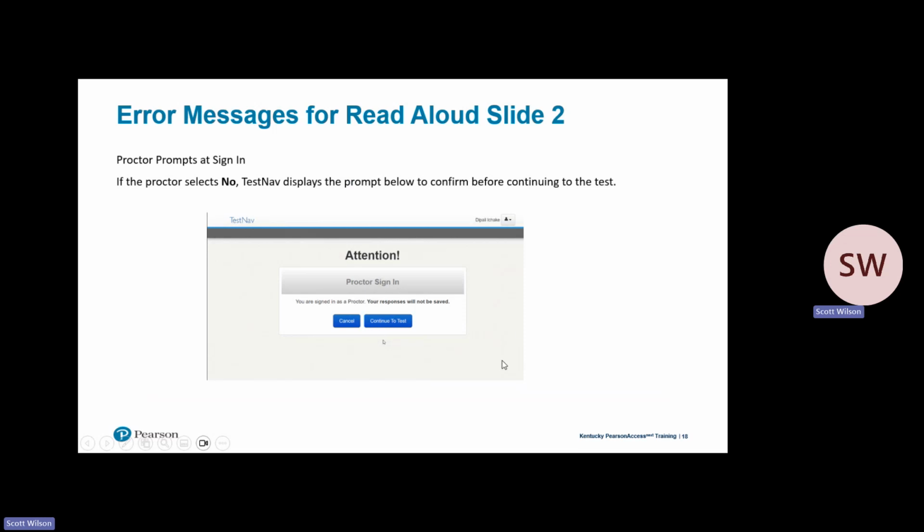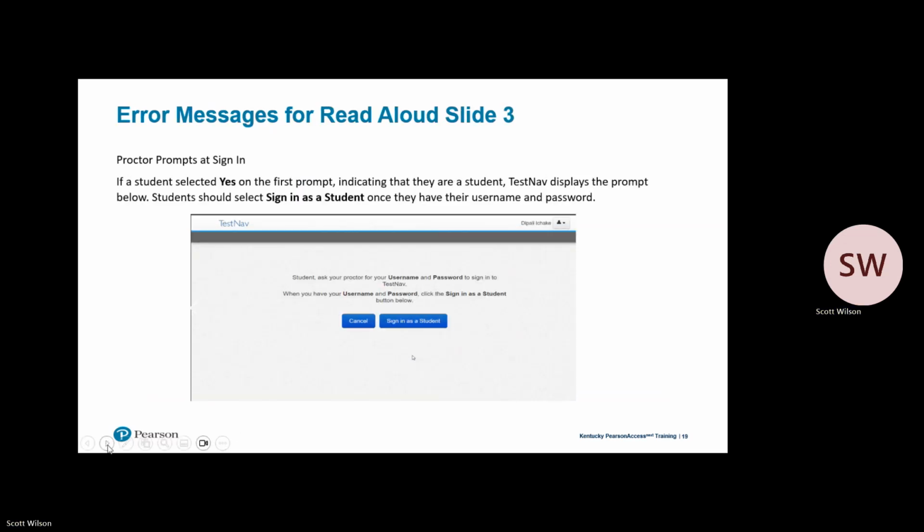It does remind them your responses will not be saved. If it is a student and they select yes on the first prompt, saying they are a student, then they will get this message, which tells them they need to sign out and then sign in with their testing ticket.